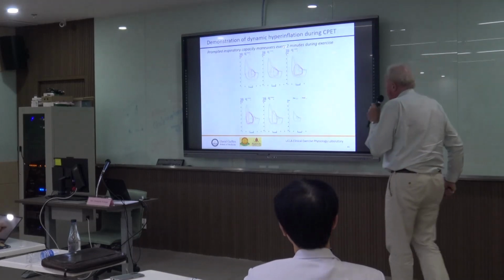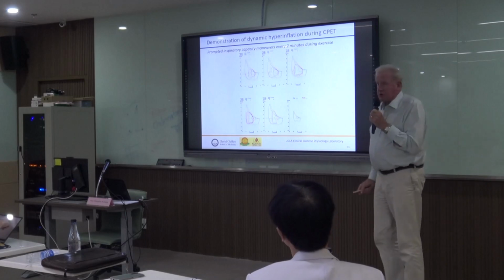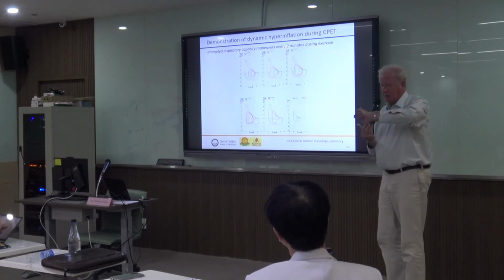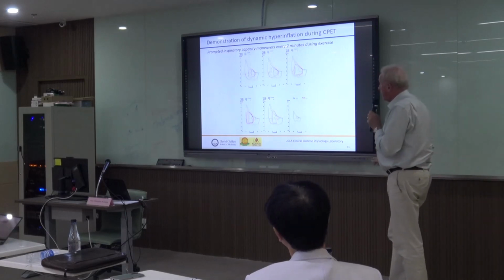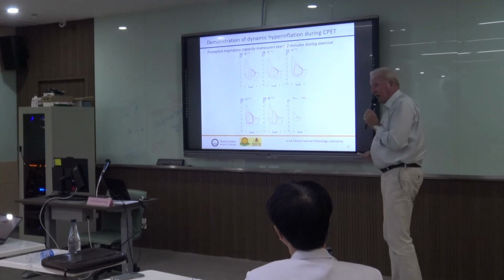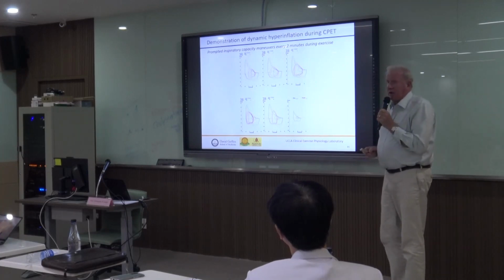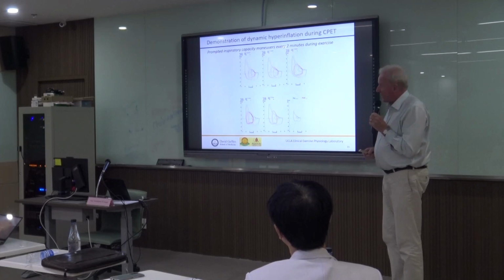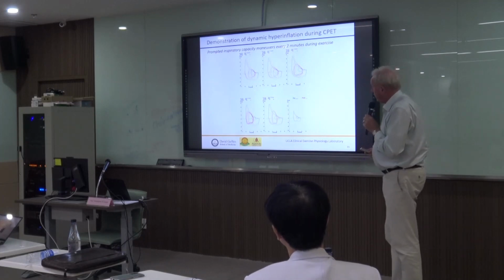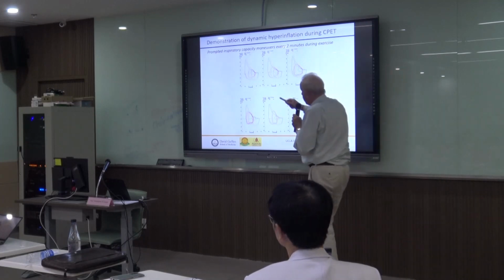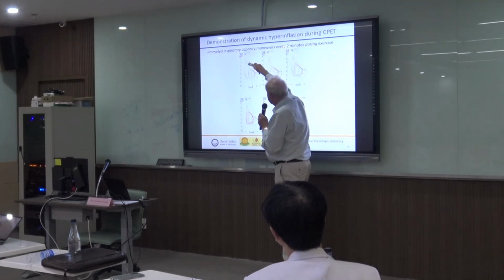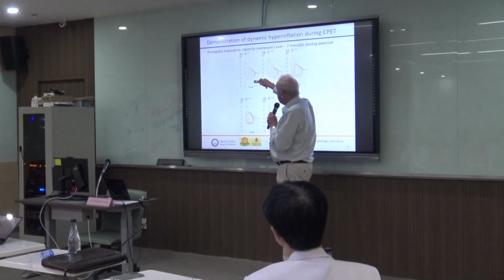Now, how do we recognize dynamic hyperinflation during a cardiopulmonary exercise test? Well, we start off at the beginning of the test by doing a maximal inspiratory and expiratory flow volume maneuver. And you'll recognize this outer envelope, the gray line, is the maximal flow volume loop at rest.